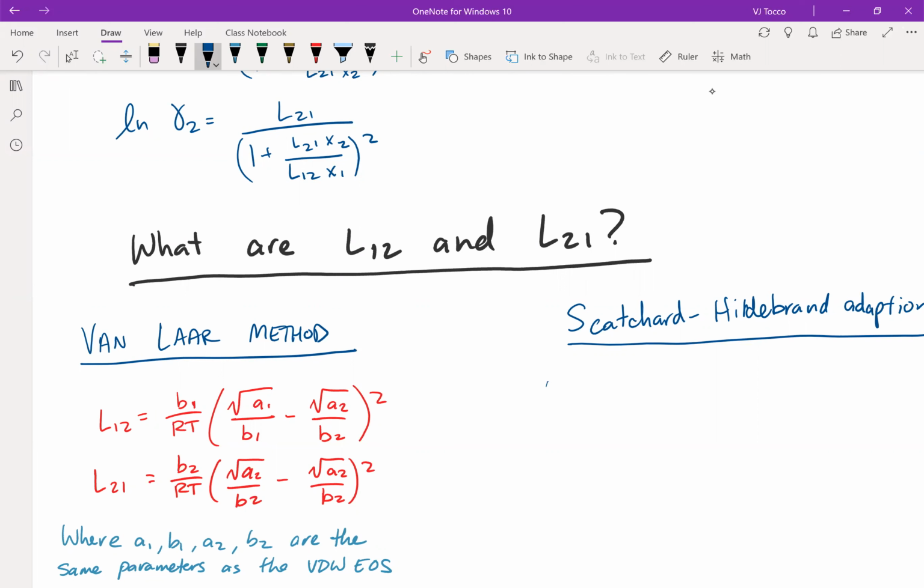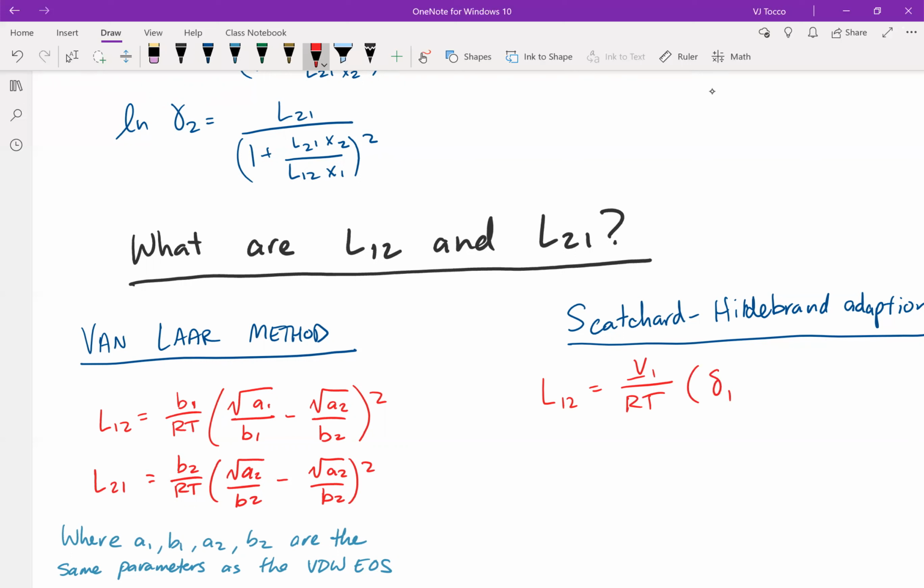So they say that L12, and I'm working off of the terminology in the Domasco textbook now, but they actually describe it a little bit differently. They use an M instead of an L. I'm not sure why they keep changing up parameters. Just in the interest of keeping things consistent, I'm going to keep it L12. So in the Scatchard-Hildebrand adaptation, they say this is the molar volume of species 1 divided by RT times delta 1.